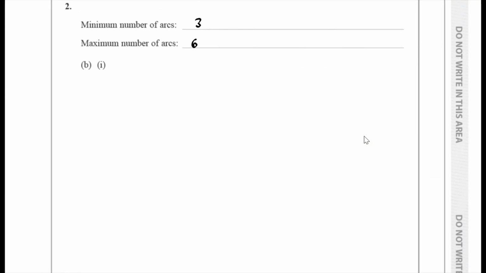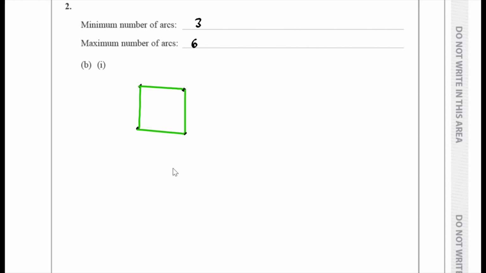So we want over here to have 4 vertices but 5 arcs, and we want the graph to be simply connected. So we can connect this to this, this to this, and then this to this, and then this to this. We want the graph to be simply connected but with 5 arcs, and therefore we've got 4 arcs so far.